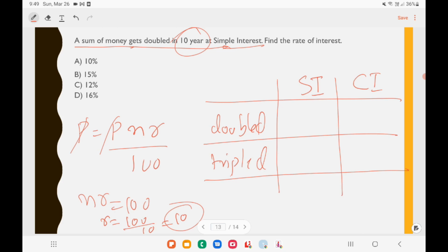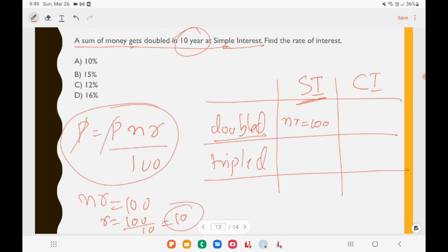These kinds of questions can be asked. For doubled, if it's simple interest, NR will be equal to 100. You don't need to remember this actually. You can use this formula and then substitute just like what we have done in this question.